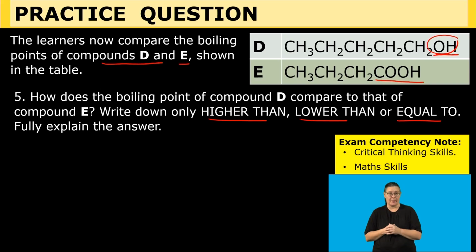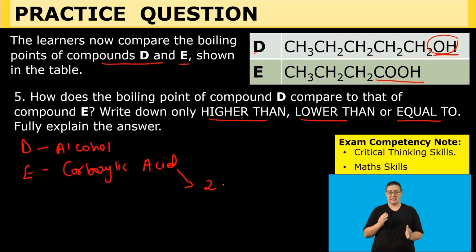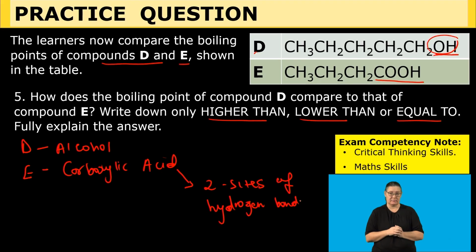So compound D is an alcohol, and compound E is your carboxylic acid. Now remember that carboxylic acids have two sides of hydrogen bonding, whereas the alcohols only have one side.